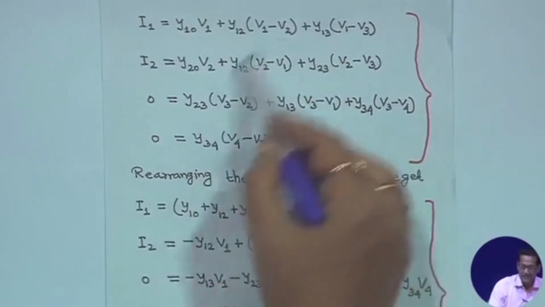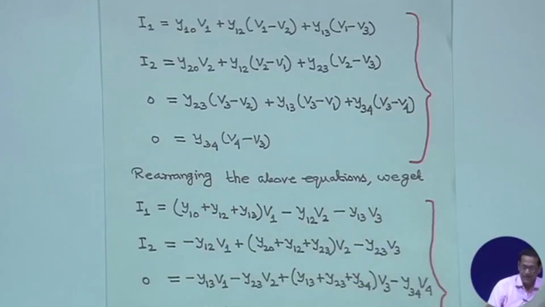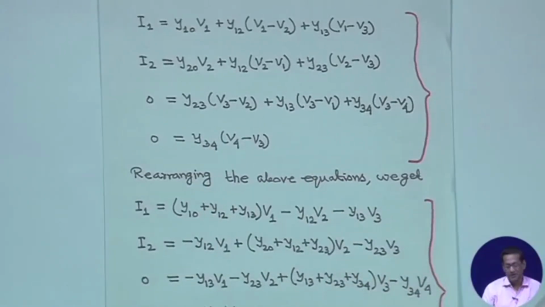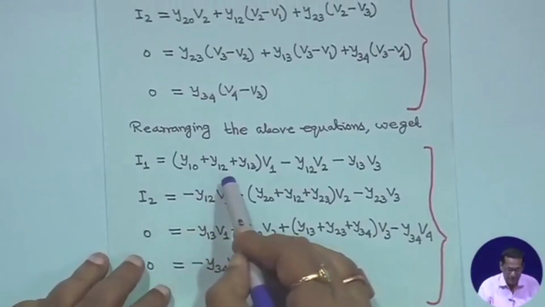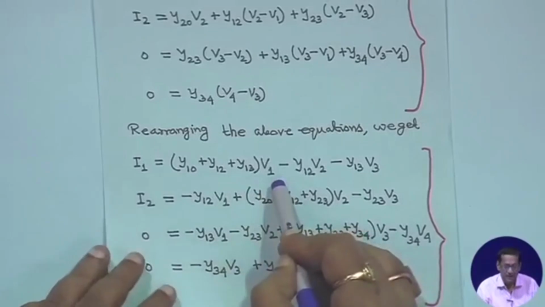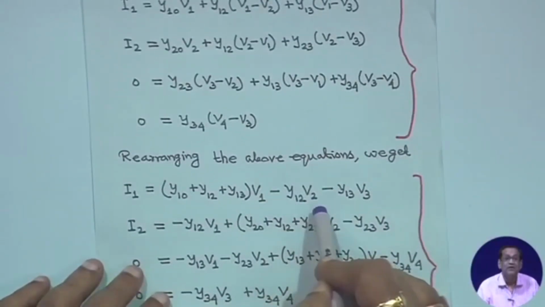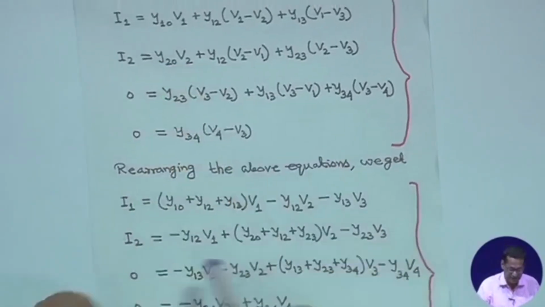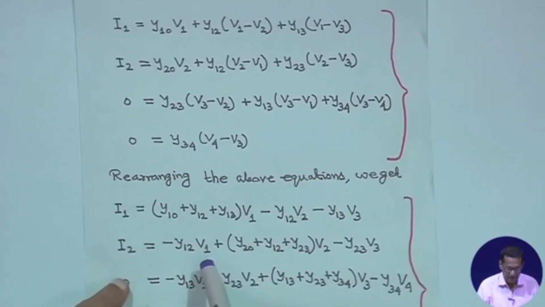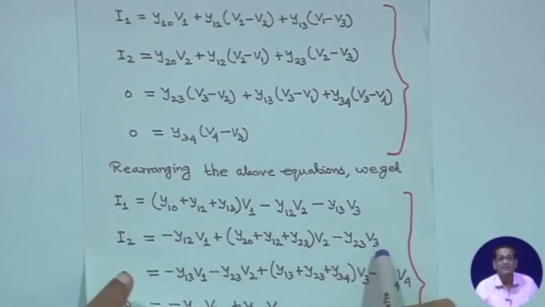Now, rearrange all these 4 equations above, that means you collect all the terms for V1, V2 and V3. So, I1 you can write (Y10 plus Y12 plus Y13) into V1, then minus Y12 V2 minus Y13 V3. Similarly, I2 is equal to minus Y12 V1 plus (Y20 plus Y12 plus Y23) V2 minus Y23 V3.